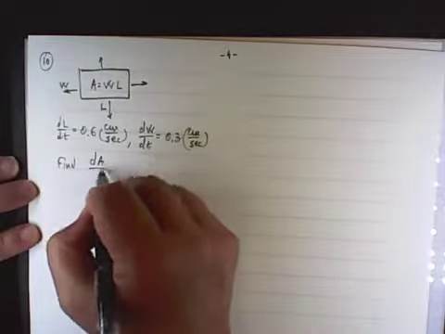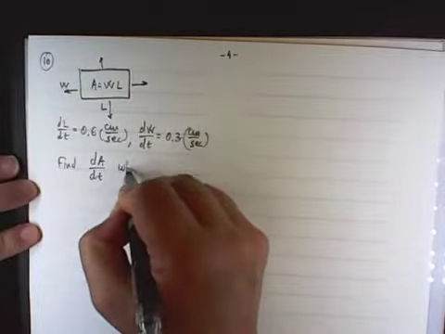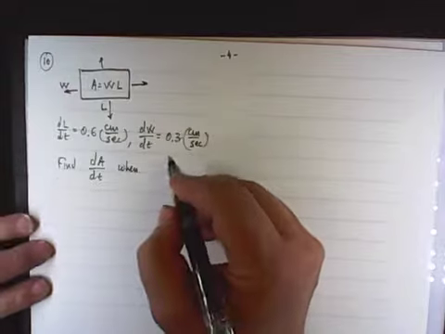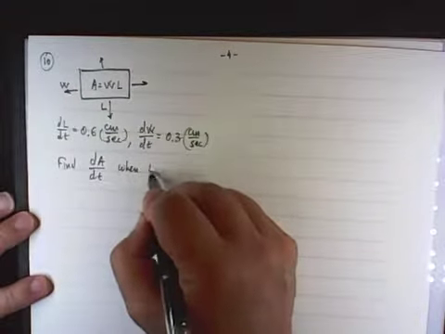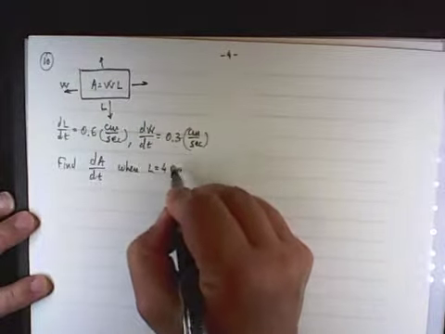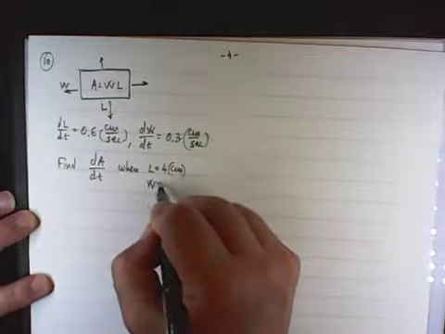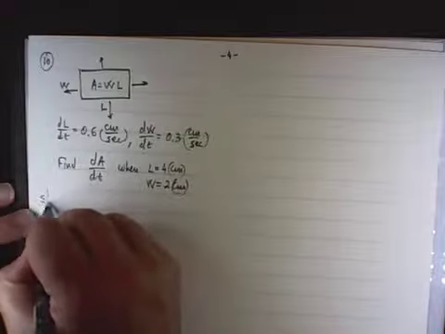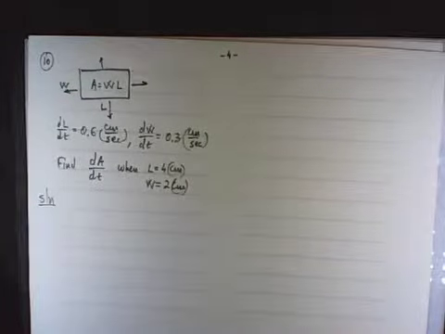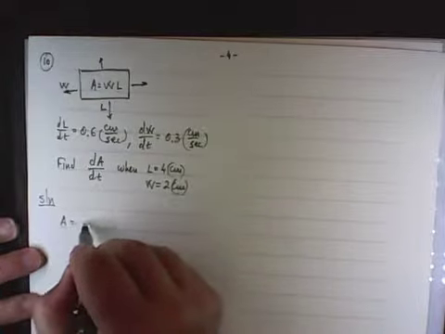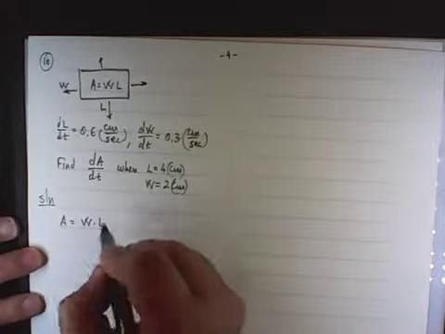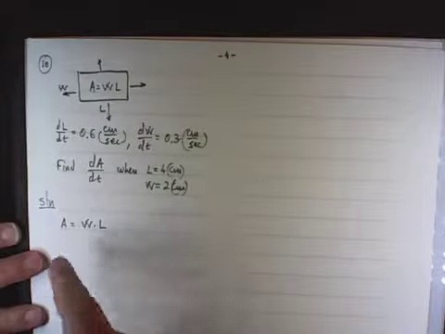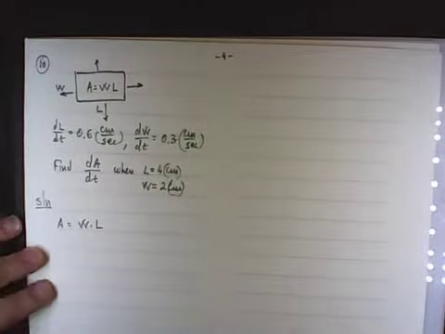So we want to find dA dt when we have 4 by 2, when L equals 4 centimeters and W equals 2 centimeters. Again, this is a really easy solution once you figure out what's going on, because A equals W times L, and W is a function of t and L is a function of t.